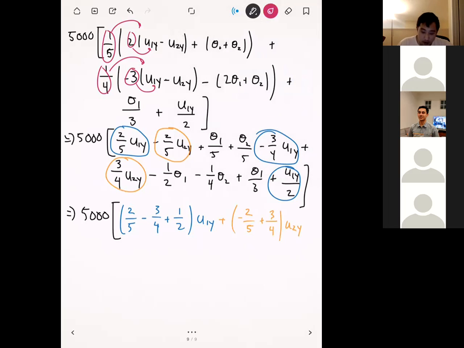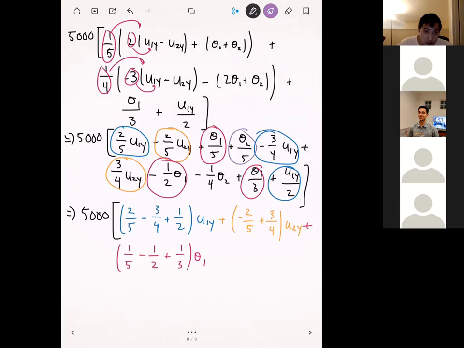Next, let's do the theta 1's. So we have theta 1 over 5, minus 1/2 theta 1, and then a theta 1 over 3. So we have a 1/5 minus 1/2 plus 1/3 theta 1. And then finally, we have our theta 2 terms where we just have 2 of them.